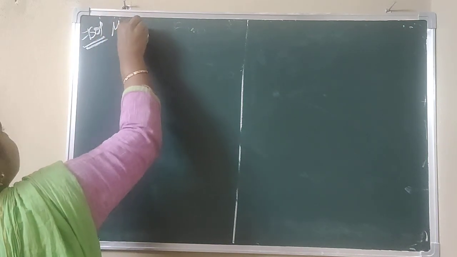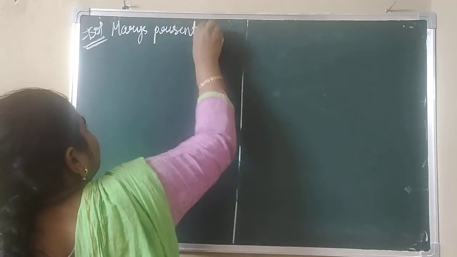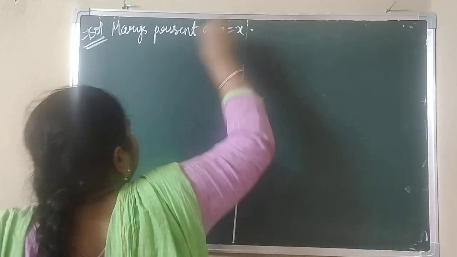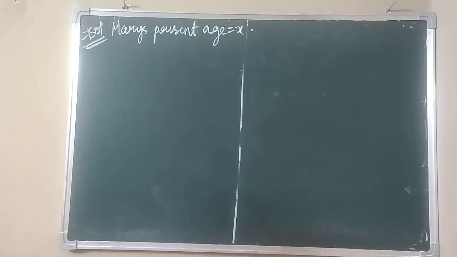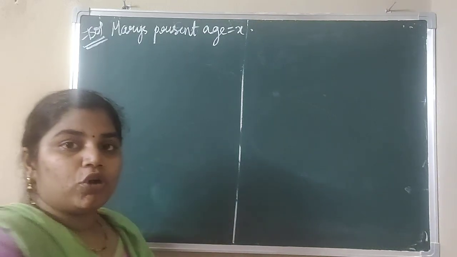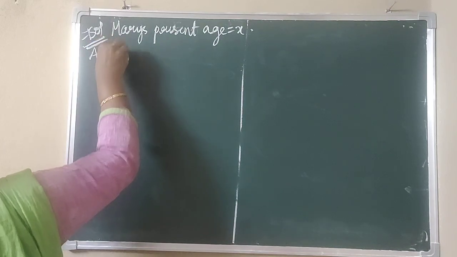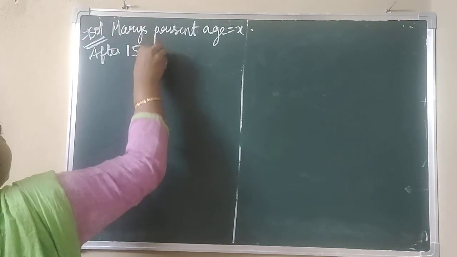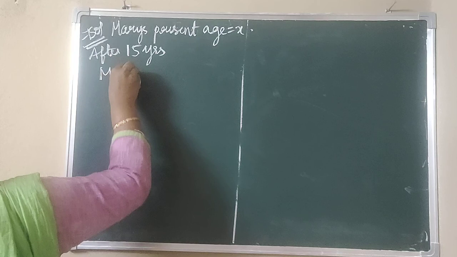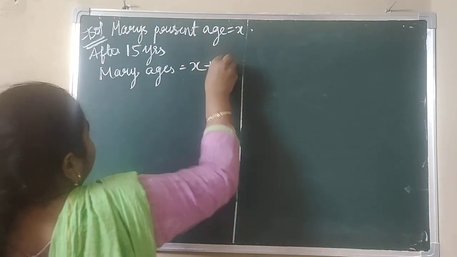So Mary's present age is equal to x. And by the problem they told that after 15 years her age will be 4 times her present age. So after 15 years, what will be Mary's age? Mary's age will be equal to x plus 15.